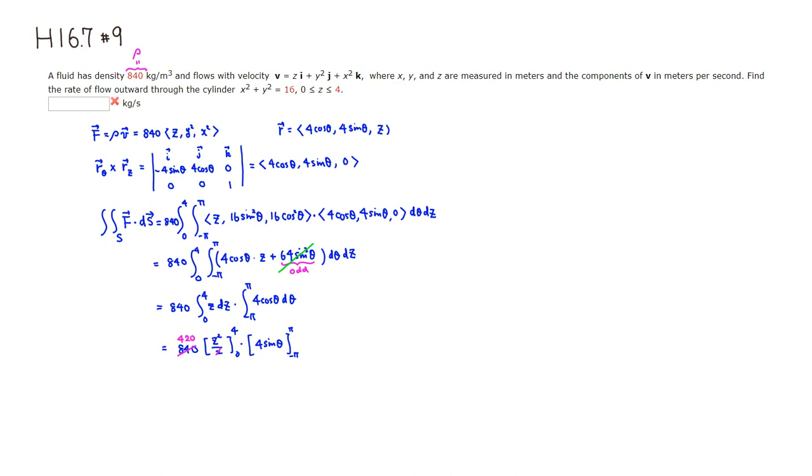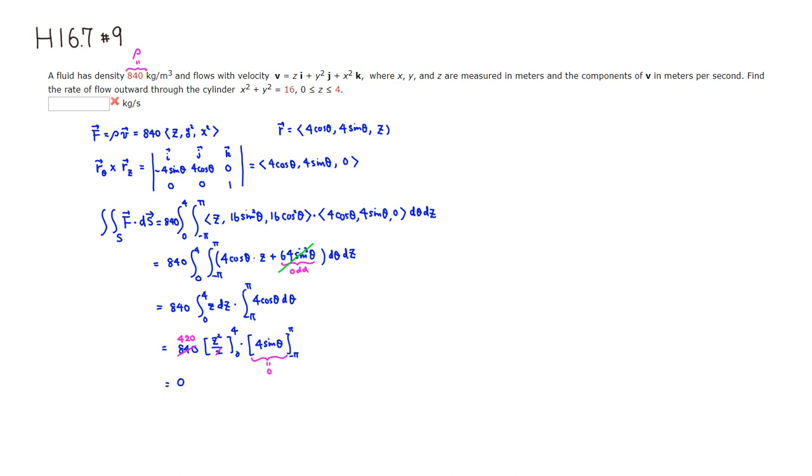As you can see, if you plug in pi, sine of pi is 0, and sine of negative pi is 0 as well. So this is actually 0. It really didn't matter what you have in front, it's still going to be 0.